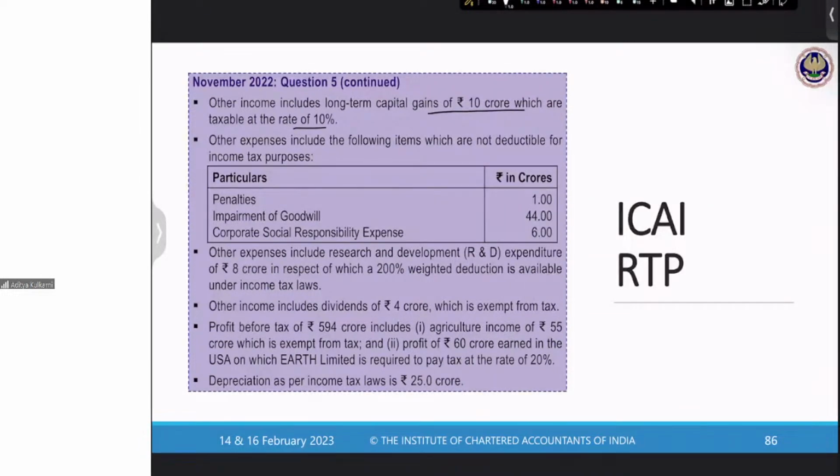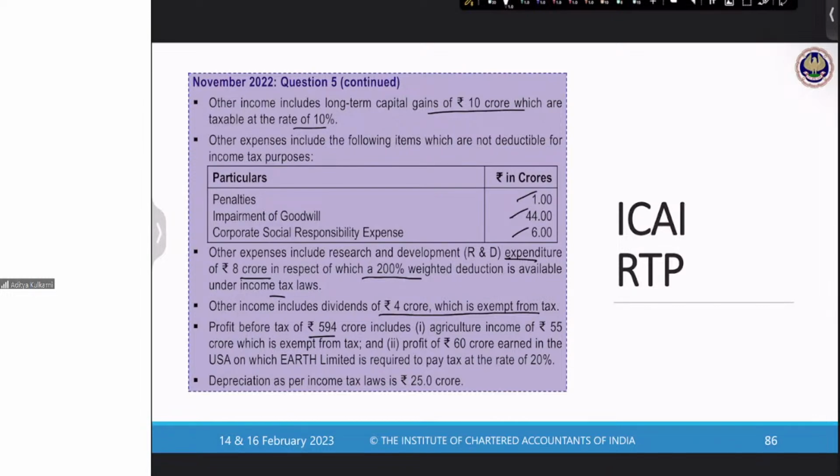Other expenses include the following items not deductible for tax purposes: penalties, impairment of goodwill, CSR expense. Other expenses include R&D expenditure of 8 crores, in respect of which 200% weighted deduction is available. Other income includes dividends of 4 crore exempt from tax. Profit before tax of 594 crore includes agriculture income 55 crore exempt from tax.